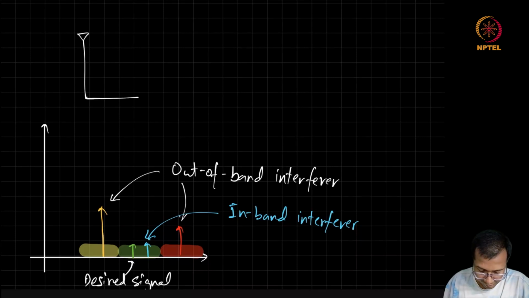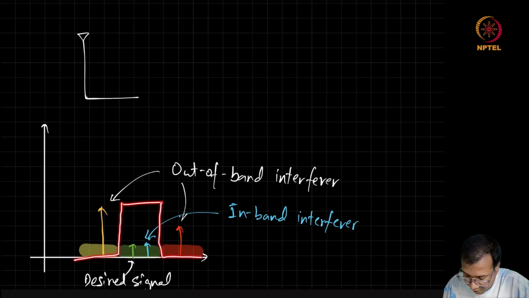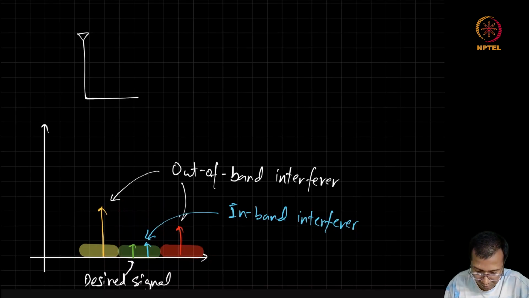So the first thing we can do is try to get rid of the out of band interferers because they are very, very strong compared to the in-band interferers. So if at all we are adding some kind of filter, we can put a band pass filter to only allow in-band signal. Okay, and we can reject all the out of band interferers.